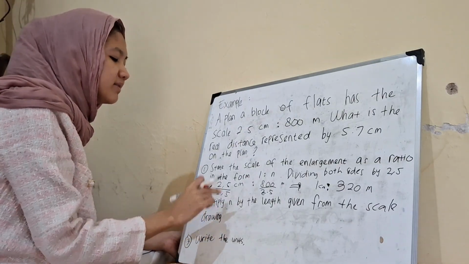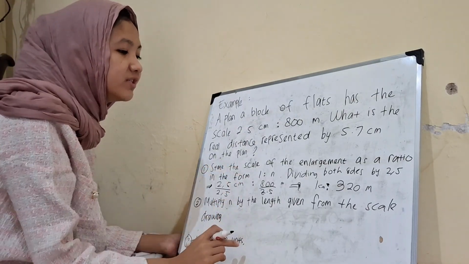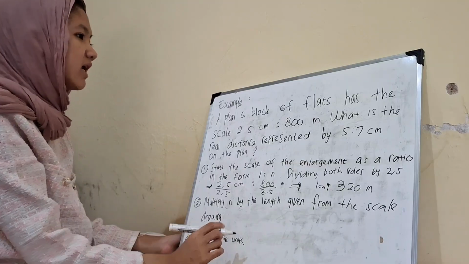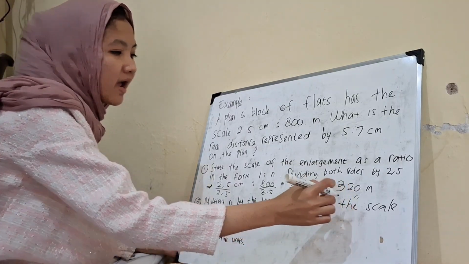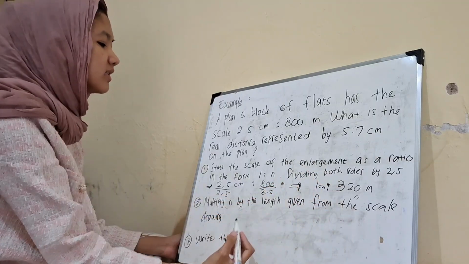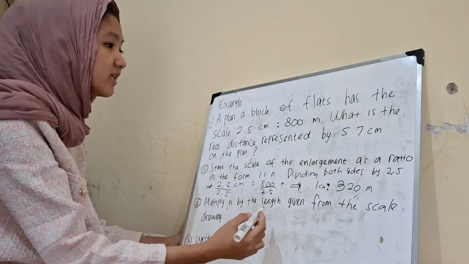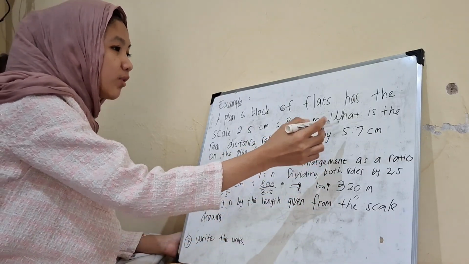Step 2. Multiply n by the length given from the scale drawing. The value n is 320. The length is 5.7.